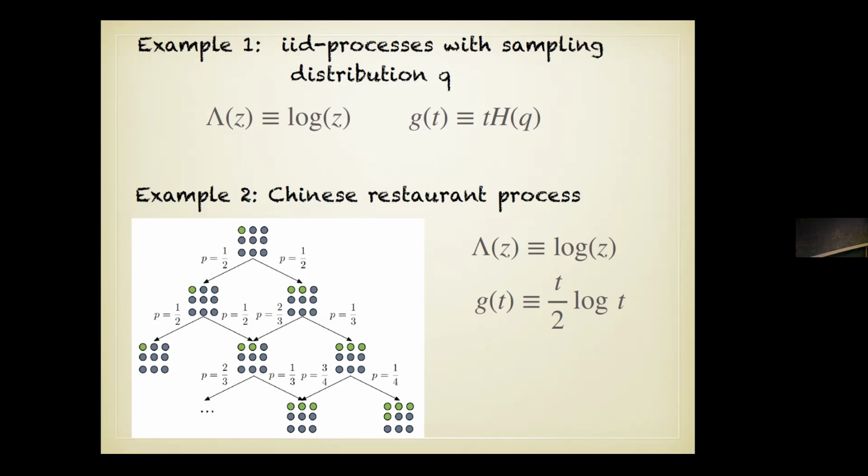Did the first customer sit at the first table, or did he or she go sit at the second table? So this is basically already this first decision. In the first case, the first table is occupied. If the second customer also sits at the first table, also only the first table is occupied. If the second customer chooses to sit at the second table, 2 tables are occupied, and then this goes on and on.